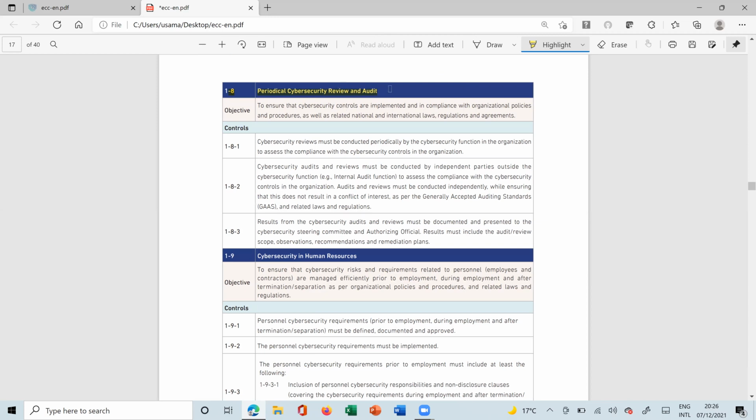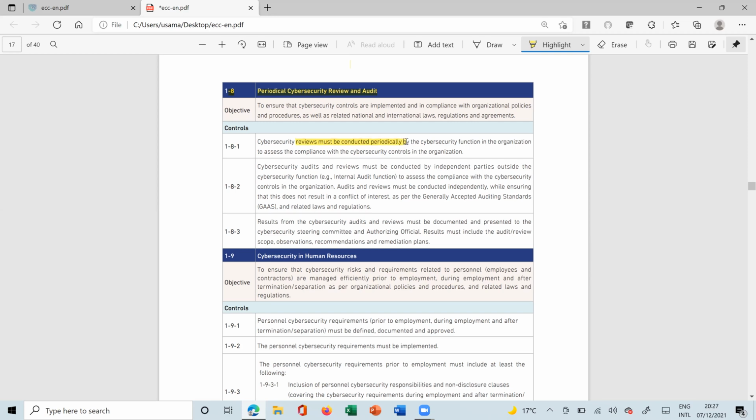What is the audit? You must review your implementation and check whether it matches the standards and policies as documented or not. If there is any deviation or non-conformity, then it should be updated and corrected. In control number 1, you must have a review conducted periodically.